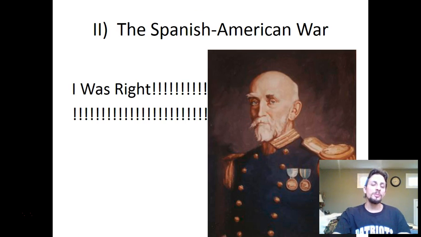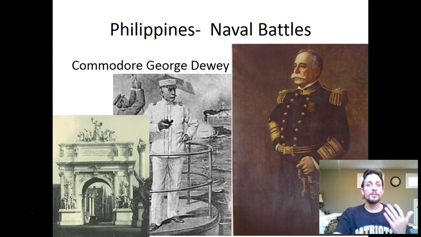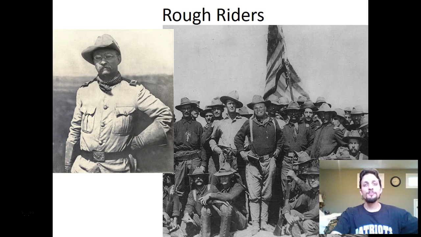Now, when you look at the Spanish-American War itself, it is largely a naval war. We're just going to briefly go through the war. It is largely a naval war, and so Mahan and Mahanism does prove to be correct. So we win a bunch of battles. It's fought not only in Cuba, but also in the Spanish Empire, the Philippines and other places around the Spanish Empire. Teddy Roosevelt actually used his post in the government to create a unit called the Rough Riders.